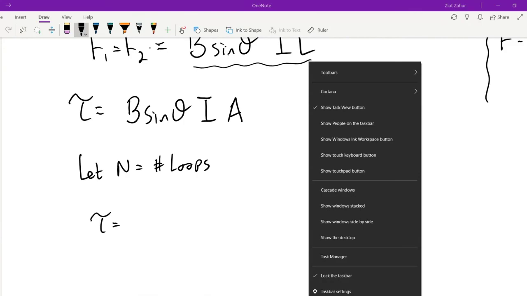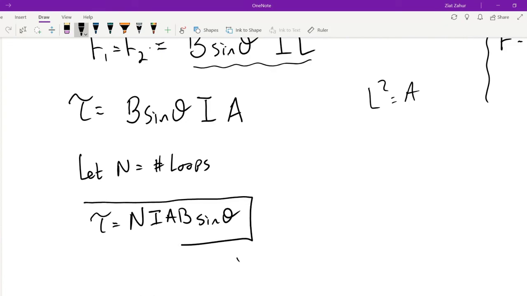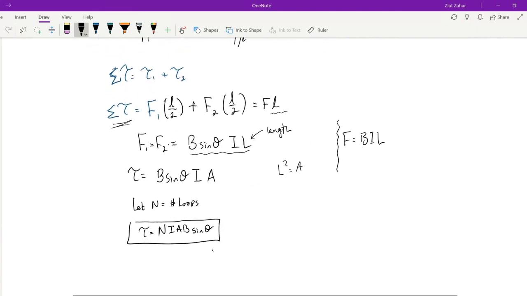So I typically write it in this way. I just move the variables around. NIAB, N-I-A-B, sine theta. NIAB sine theta is the torque. I'm going to box this thing here. That's our torque on a loop, on multiple loops.